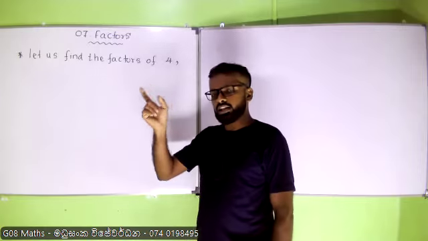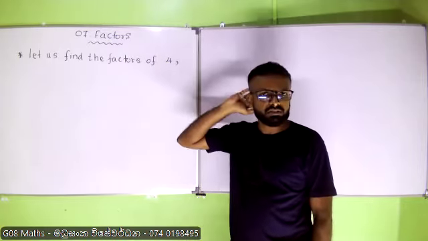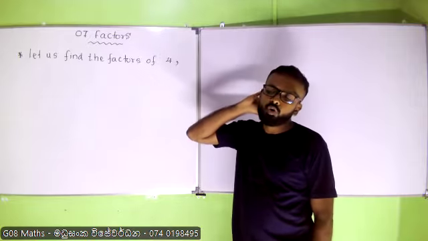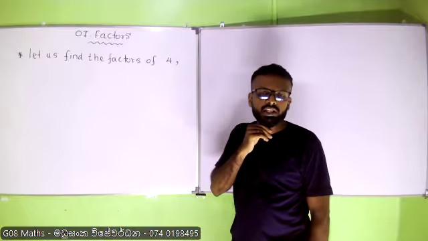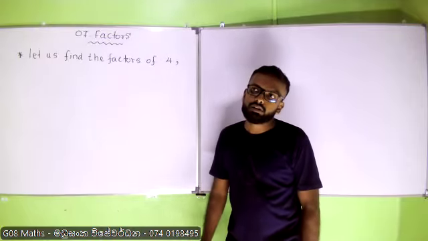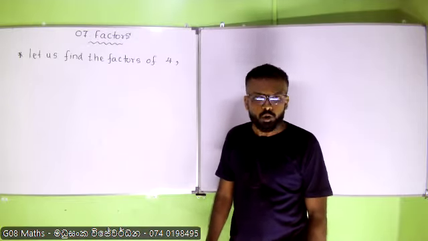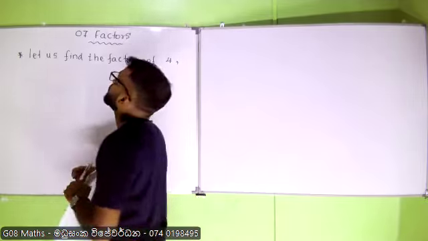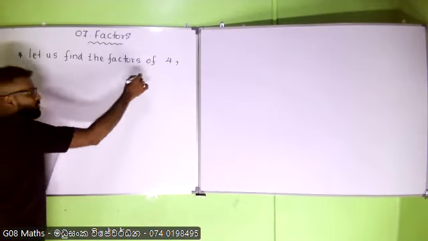So are there anything else than that? Any other things? 1 into 4, 2 into 2. Is there anything other than the examples that you have already told me? No, right? So we can write 4 like this.